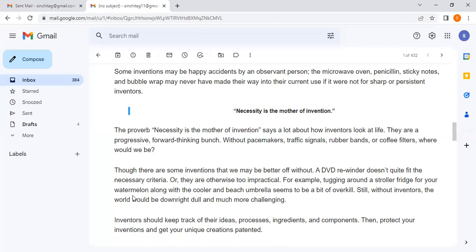Still, without inventors, the world would be downright dull and much more challenging. Inventors should keep track of their ideas, process, ingredients, and components. Then protect your inventions and get your unique creations.